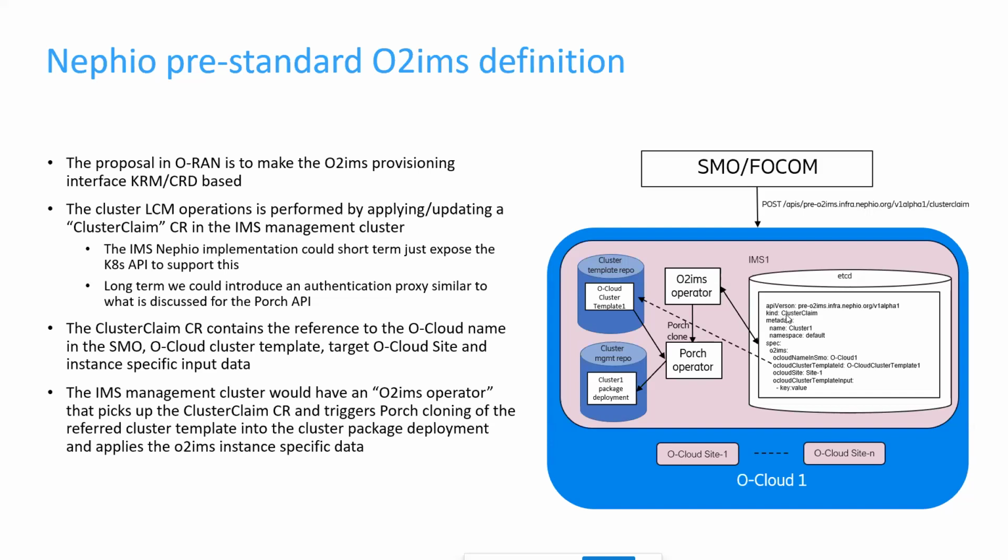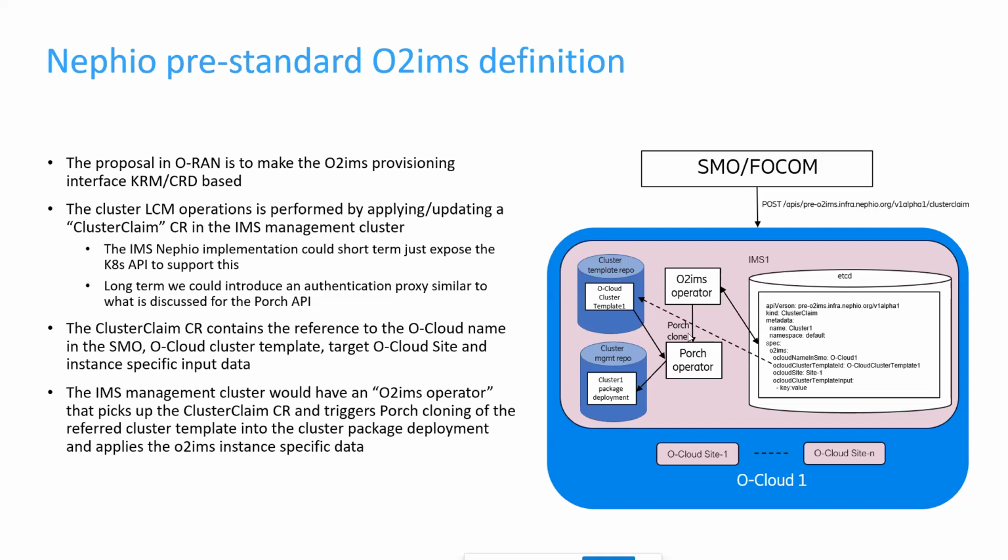This cluster claim CR has the cluster template ref. In the Nephio case, I would say that is the name, not a revision ID, but just the generic name for a particular cluster template in this OCloud cluster template repo. So that one should be possible to find.